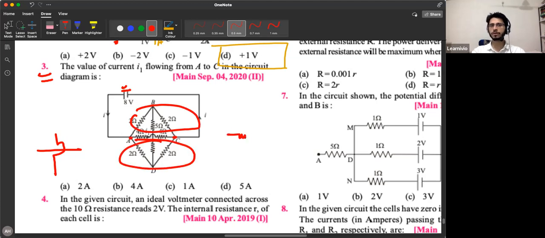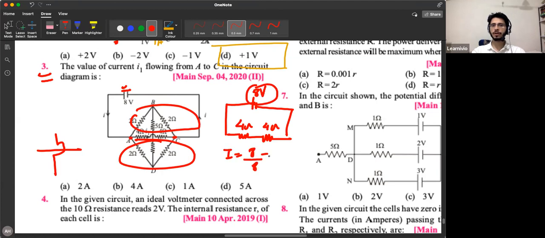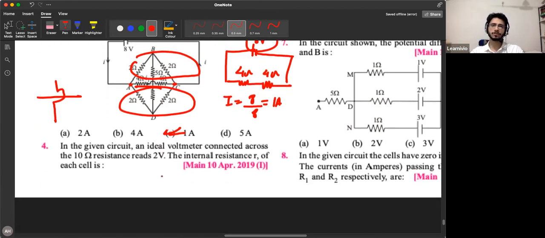Just take these two: 4 ohm, 4 ohm, cell, 8 volt. That's it. R equivalent is 8 ohm. Voltage is 8. So I is 8 by 8, it's 1 amp. Is it clear, everyone? Yes, sir. Simple questions based on NCERT concepts.